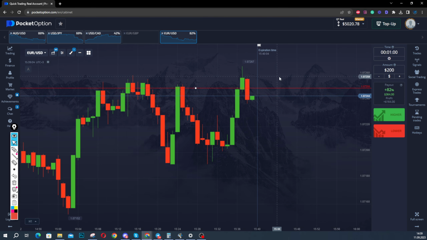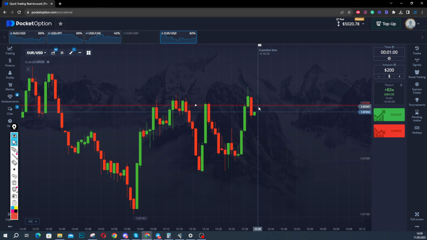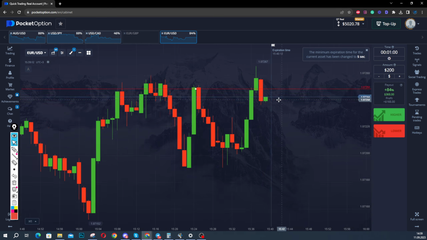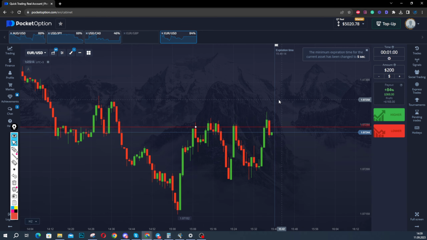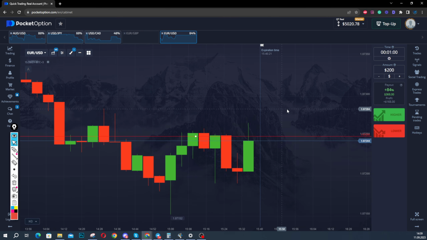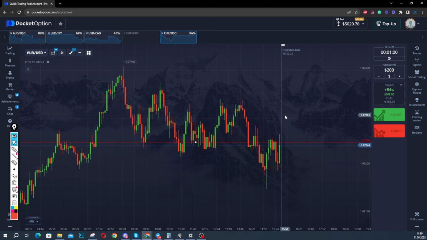If it makes a wick below, maybe we can go in, but I'm waiting now here for the right entry point. For a better overview, you can also switch to the higher time frames and see what's happening here. We have wicks, wicks, wicks.